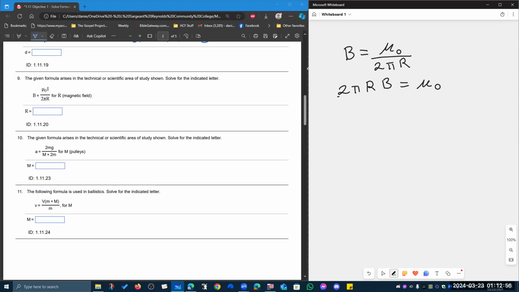We want to divide by 2 pi B to get R by itself. R equals mu sub 0 over 2 pi B.